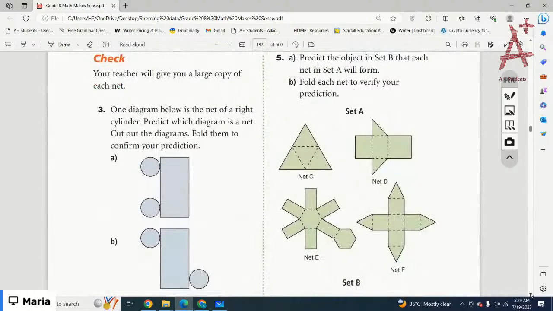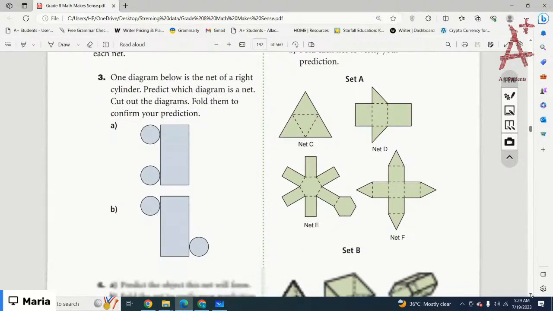Your teacher will give you a large copy of each net. One diagram below is the net of a right cylinder. Predict which diagram is a net. Cut out the diagrams and fold them to confirm the prediction.